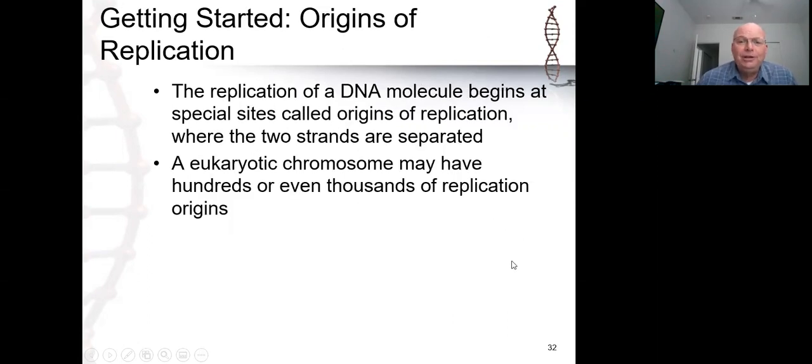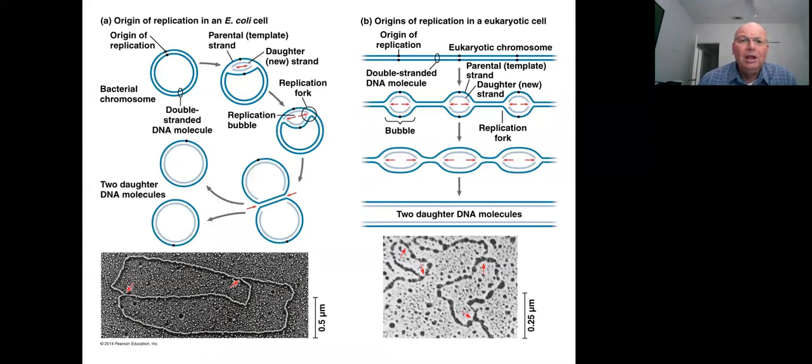So the first thing to realize is that replication doesn't begin just anywhere, randomly on the DNA molecule. There are specific locations called origins of replication where the two complementary strands are separated or disengaged from each other by breaking the hydrogen bonds between the nucleotides in this region.